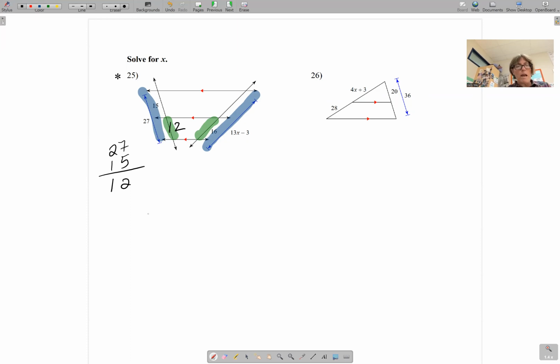Now you have matching segments. Now you just mirror. You can go left to right, left to right. You can go small to large, small to large. Again, how you start doesn't matter, but how you finish does.